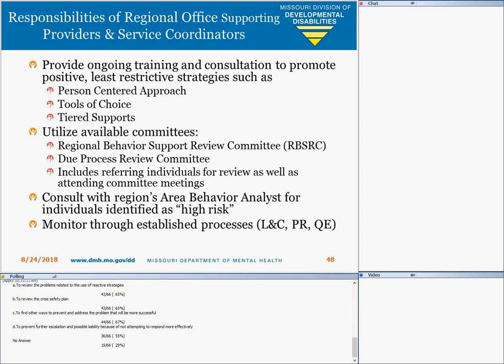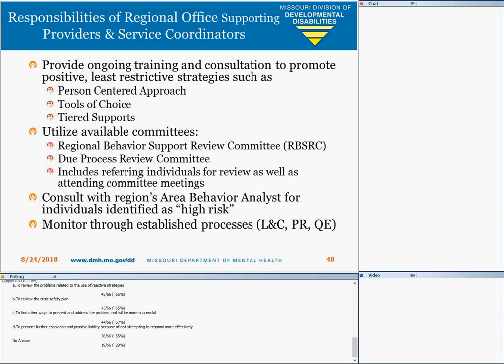The regional office is also providing access to, and making sure of the utilization of, committees such as the Regional Behavior Support Review Committee and the Process Review Committee. They are responsible for referring individuals for review, as well as attending these committees.